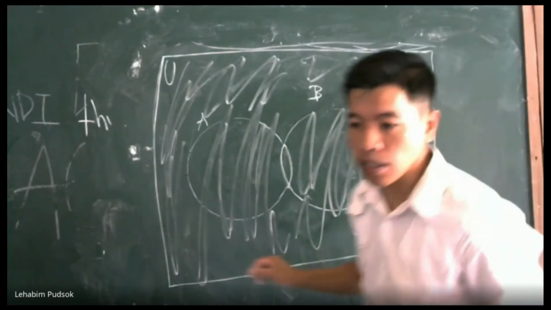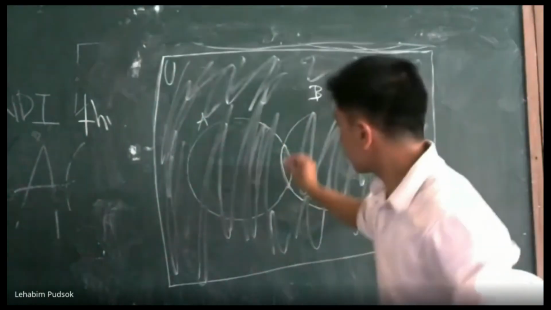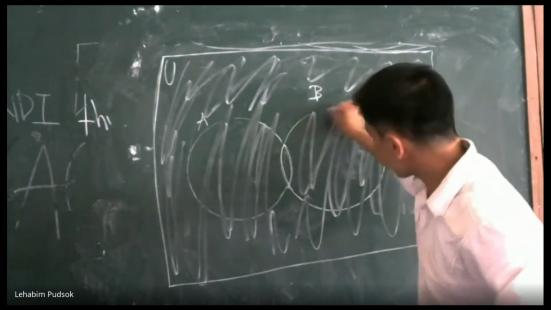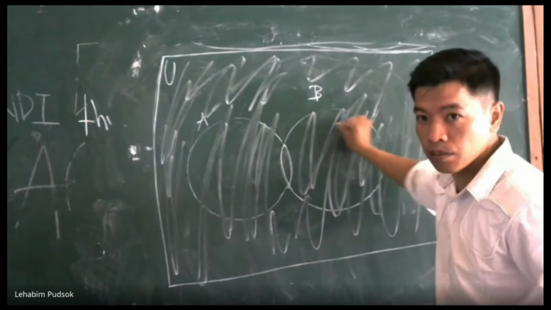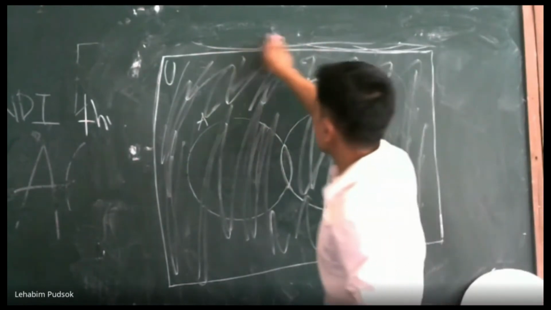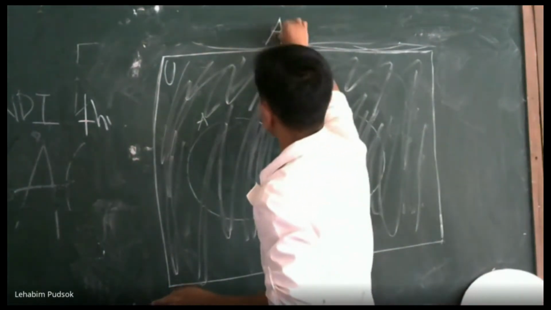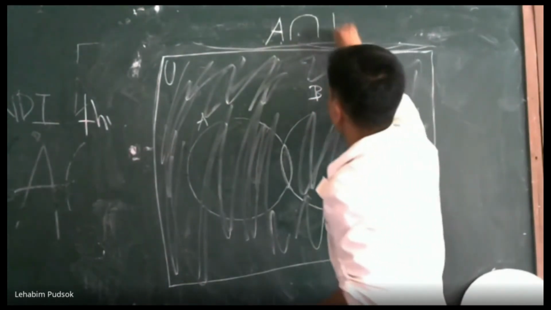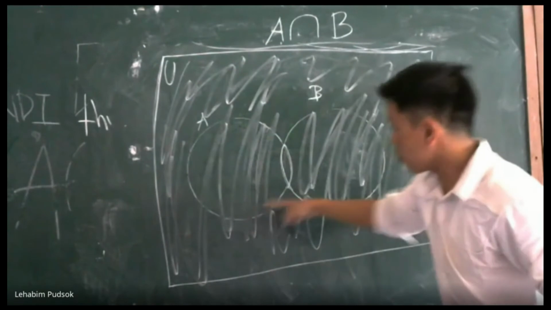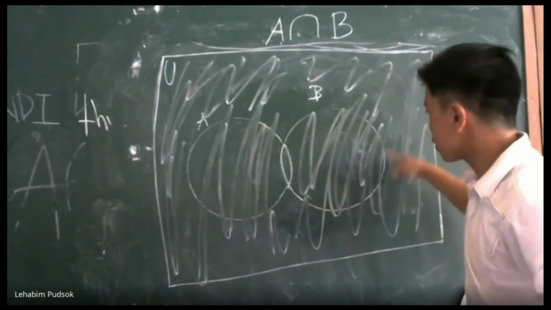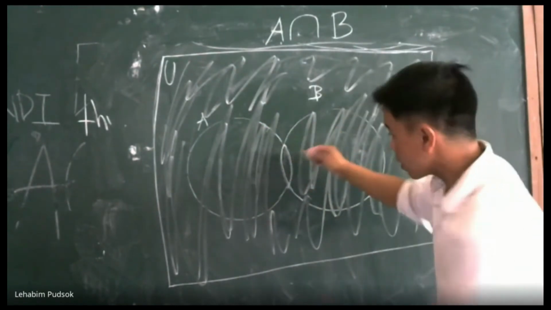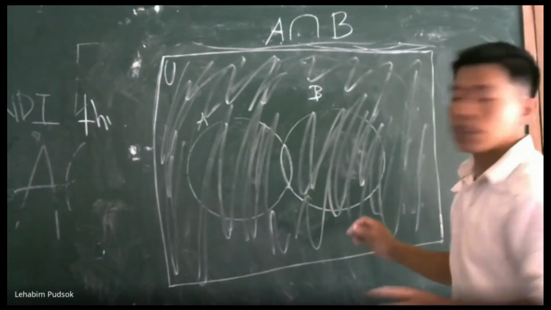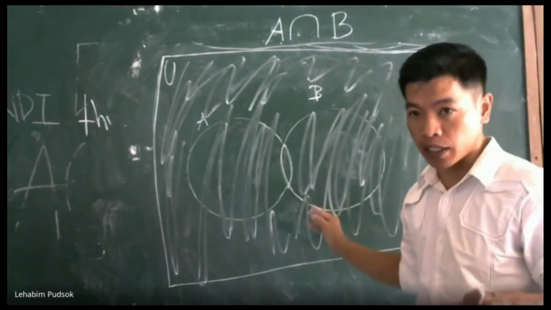And we can see that circle A or set A intersects circle B or set B. So we can say that set A intersects B. This circle intersects with this circle in this part, because they are connected, intersected. But it is not yet complete.